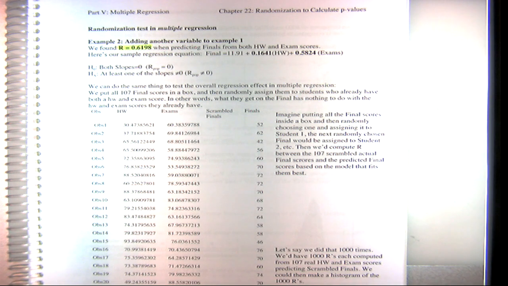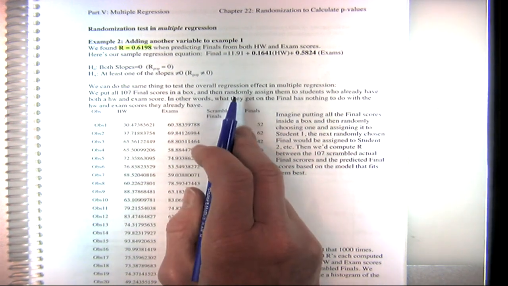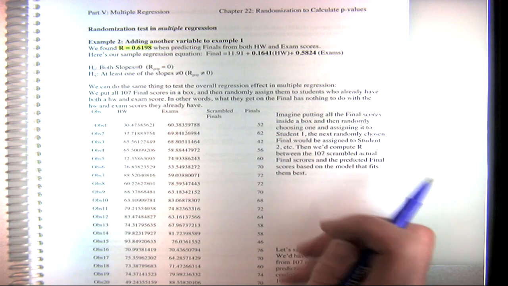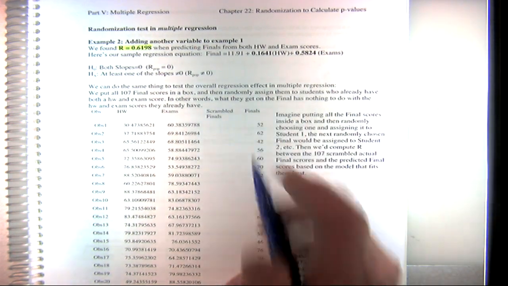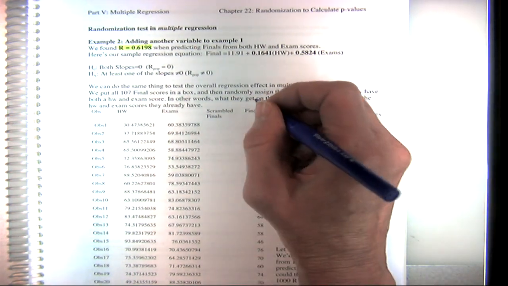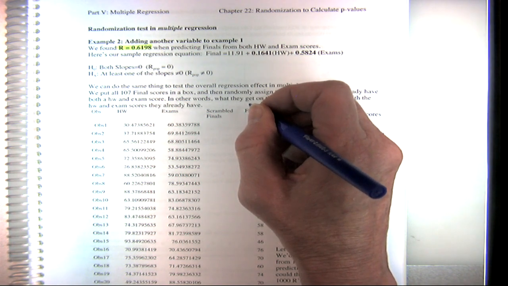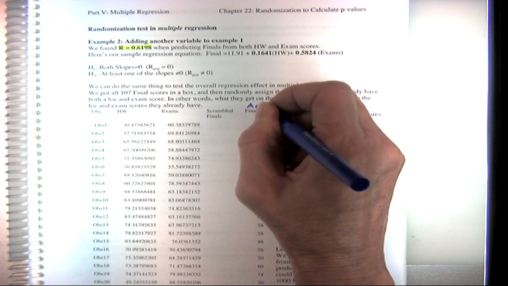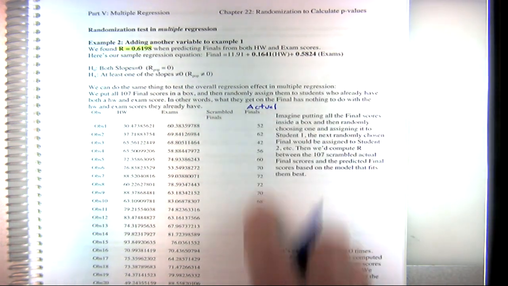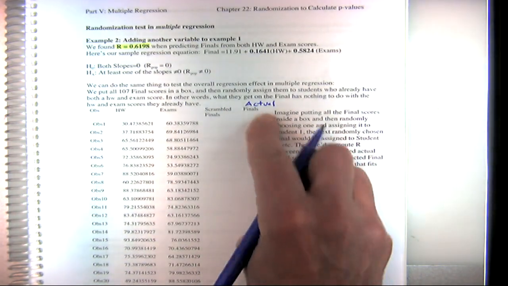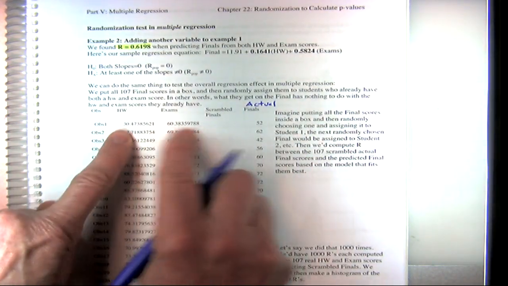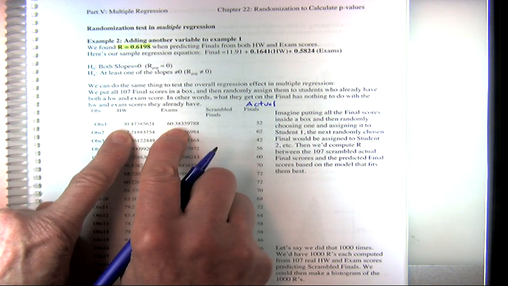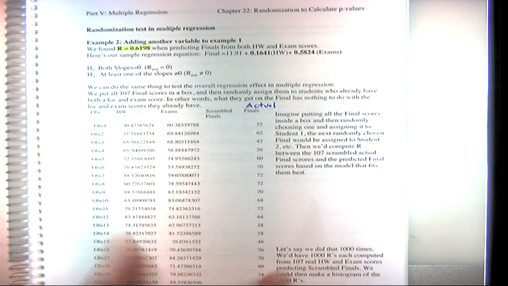All right? So now we can do the same thing to test the overall regression effect. So what are we going to do? Same thing. We'll put these actual finals. So these are the actual ones, right? And so this student got a 30 on the homework, a 60 on the exams, and a 52, et cetera, et cetera.